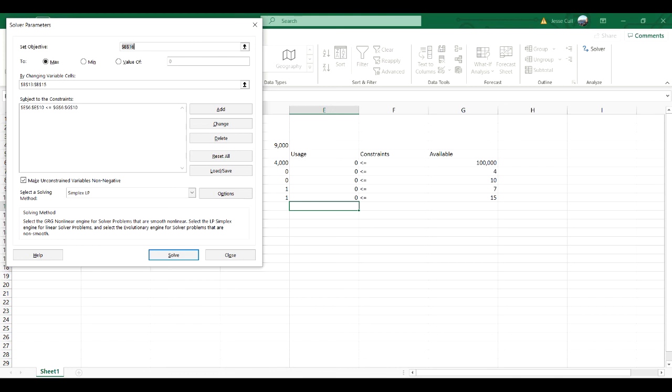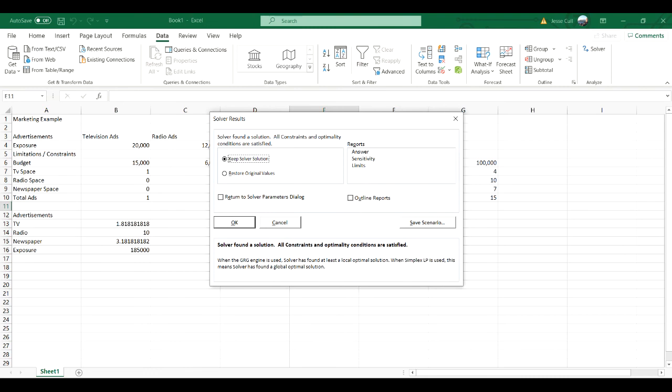If you'd like to do it this way, to save a little time, if all of the constraints are less than or equal to, if they're all greater than or equal to, this works. So here we've entered all of the relevant data. Everything is entered correctly, assuming we hit solve.